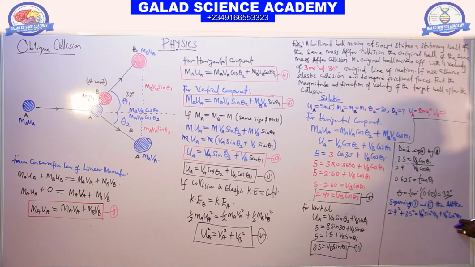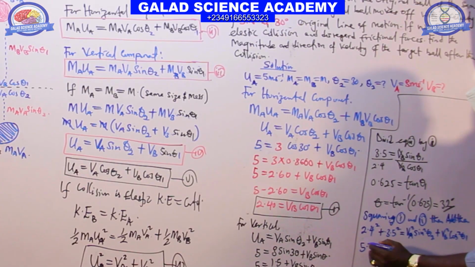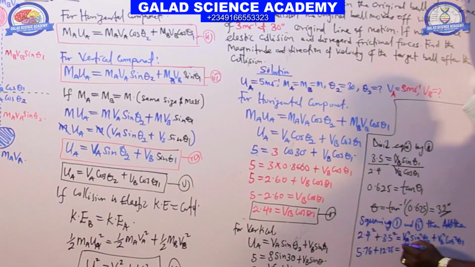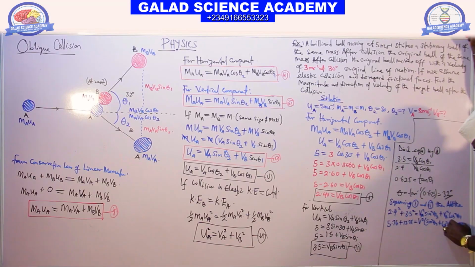If you're doing it in this form now, you will have 2.4 square plus 3.5 square. This will be 5.76, and this one will give us 12.25. Then we have V square times sine square theta plus cos square theta.